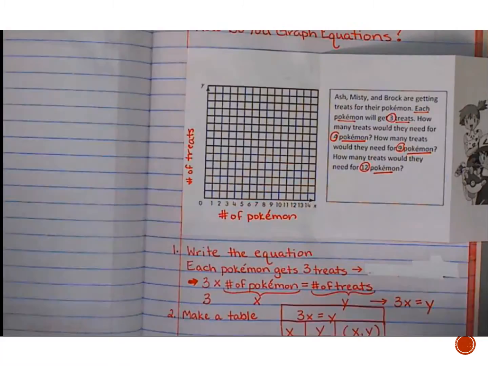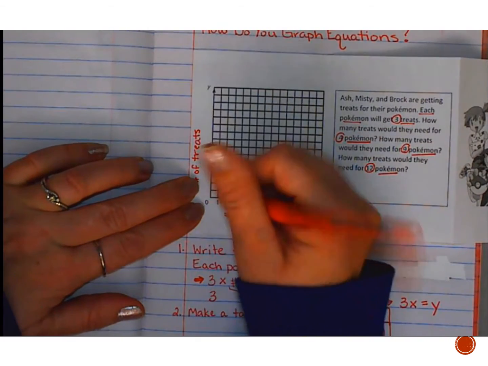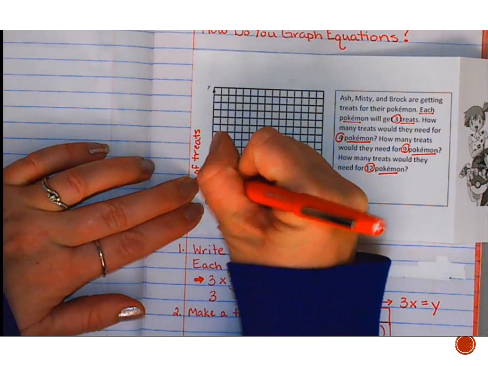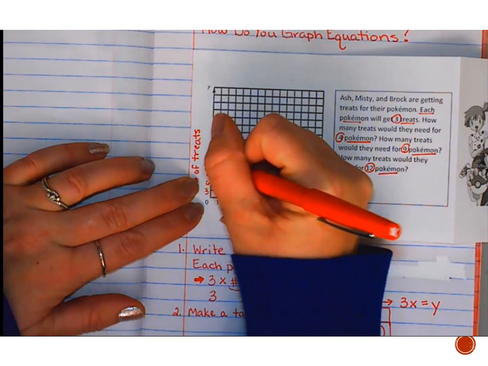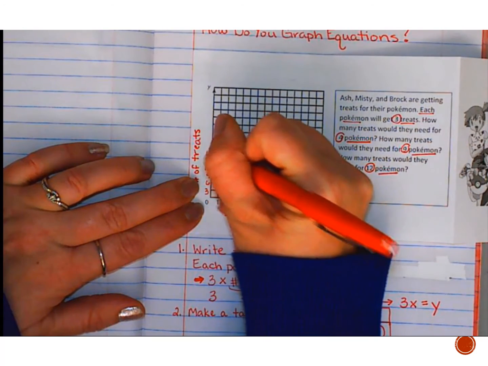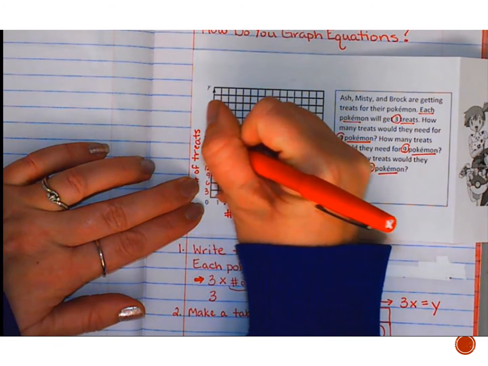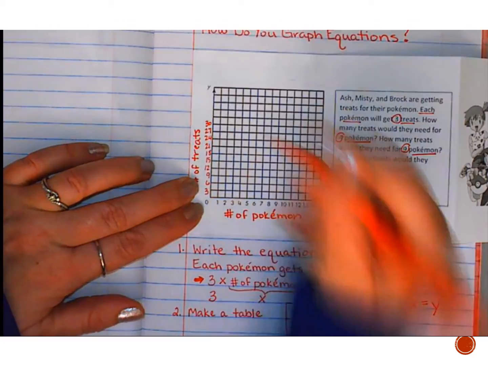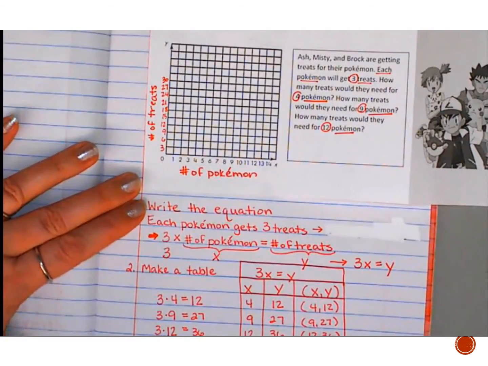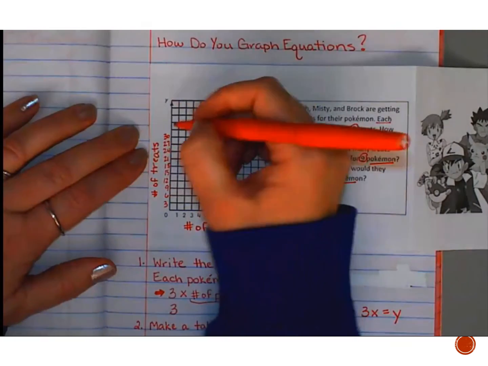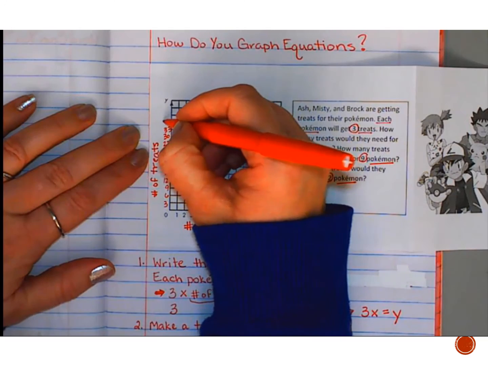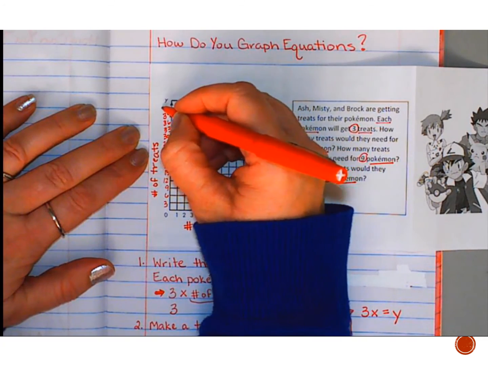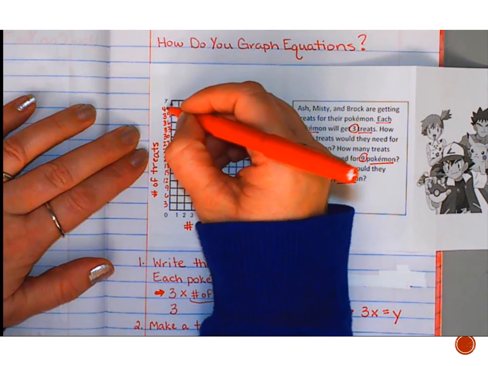So I'm going to come over here, I'm going to label my y-axis. I'm going to count by 3s. 3, 6, 9, 12, 15, 18, 21, 24, 27, 30. And that'll cover almost all my points. My bad. 33, 36, 39, 42.